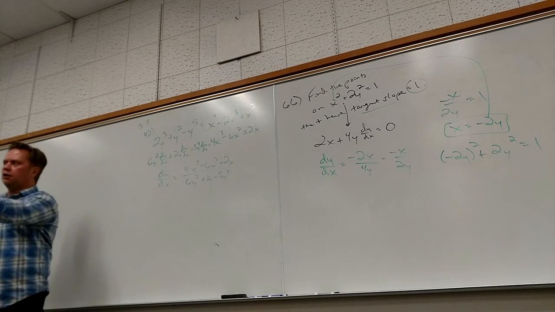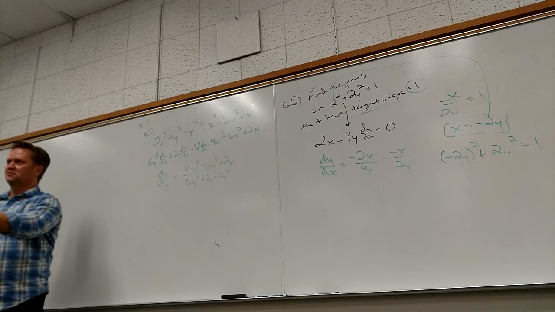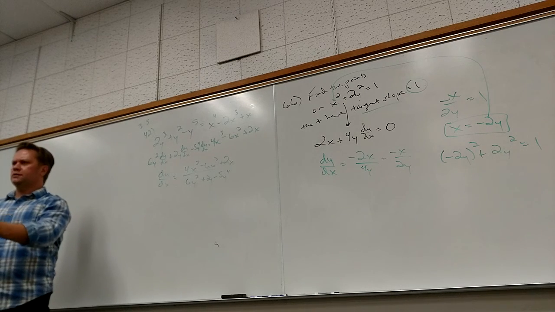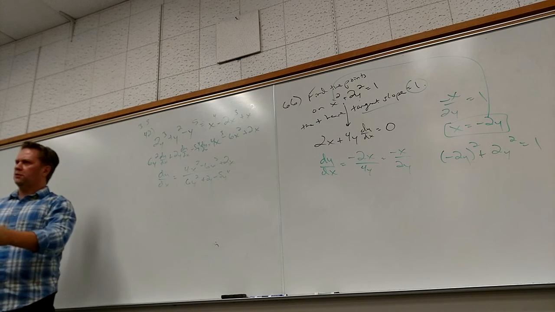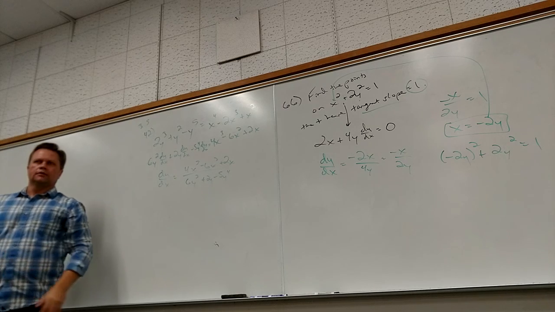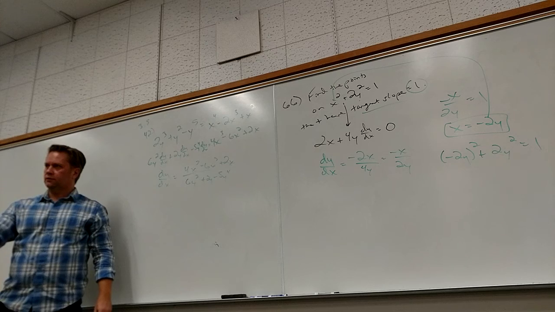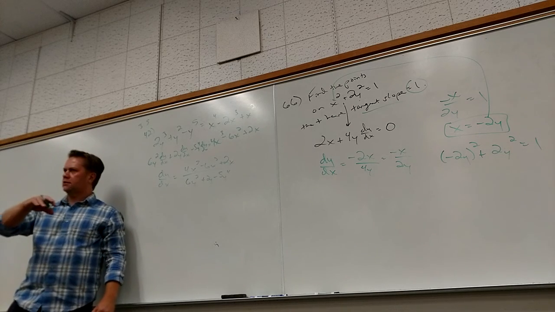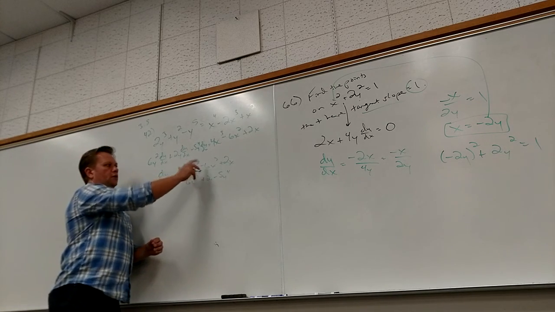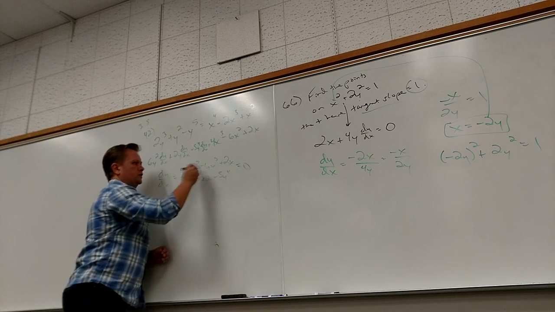You don't care about the denominator then. The denominator can't be 0, but you don't worry about that at the moment. You worry about it when you find your points and you make sure your points don't make the bottom 0, because then it would be like an indeterminate slope. That's kind of weird. But the only way a fraction can equal 0 is if the top is 0.